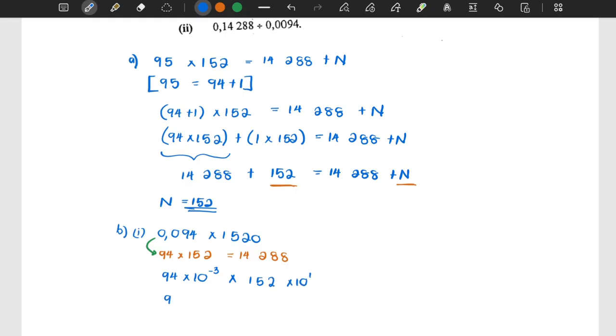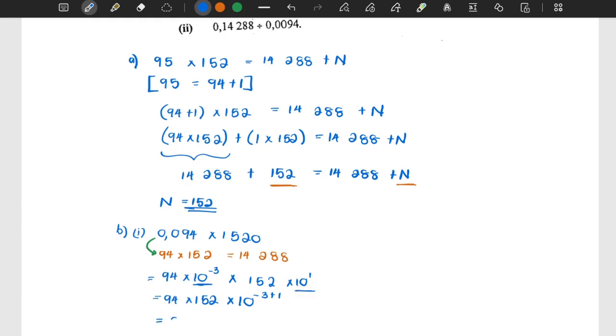And then what we know is 94 times 152 times 10 to the power, when we are multiplying in standard form, we add the powers, because we now have 10 to the power minus 3 and 10 to the power 1.